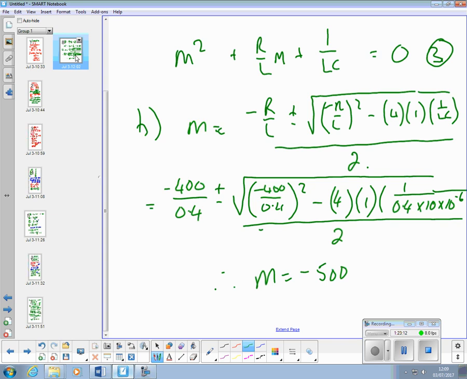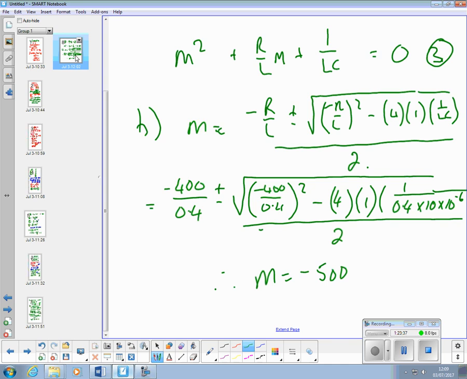All of that bit in that root equals 0, and therefore this bit is minus 1,000, so minus 1,000 over 2, m is minus 500. Just trying to save some time, because you can use the quadratic formula hopefully.